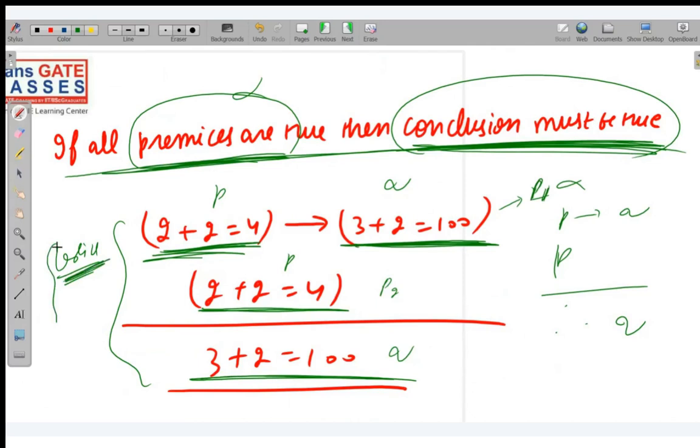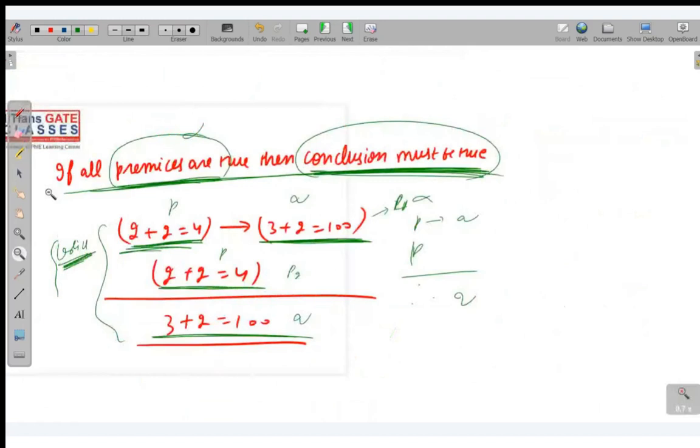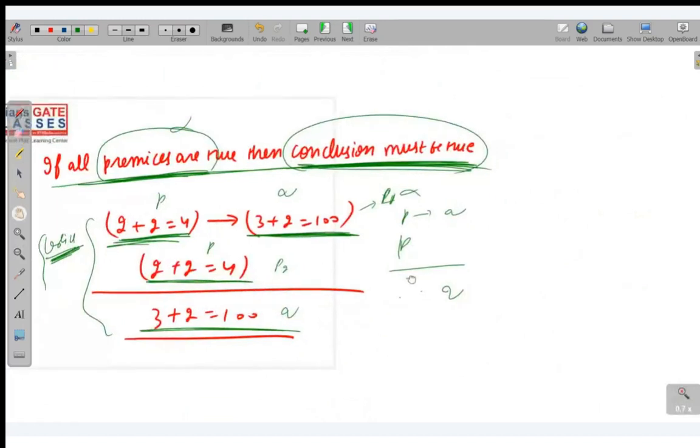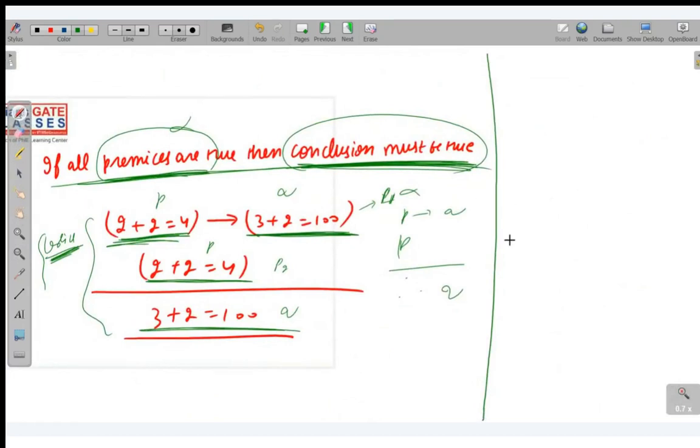Okay, and this is exactly what is used in a court of law. If you have studied or heard something about law in court, what lawyers are doing, they are doing it like this only.